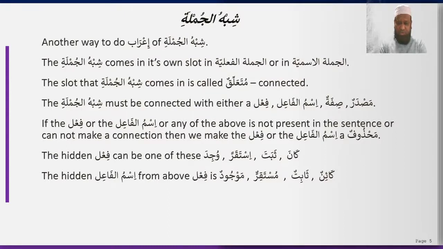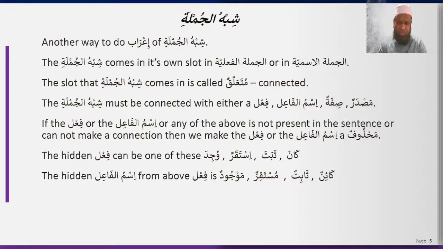From kana is ka'inun, ismul fa'il. From thabata is thabitun, ismul fa'il. And from istaqarra is mustaqirrun, ismul fa'il. But if you want to make from wujida, we have to make ismul maf'ul, mawjudun. Mostly istaqarra and mustaqirrun is used.